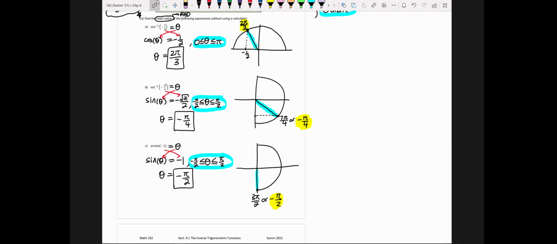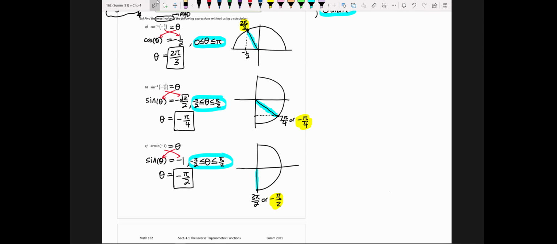So we'll start with arcsine of root 2 over 2. The inverse trig function, we set it equal to theta. To find the exact value of the inverse trig function, we switch the inputs and outputs, and we want to find theta that satisfies the equation and satisfies the restriction. So we need to find theta such that sine of theta is equal to root 2 over 2 and theta is between negative pi over 2 and pi over 2.